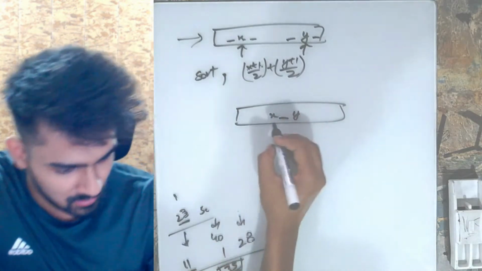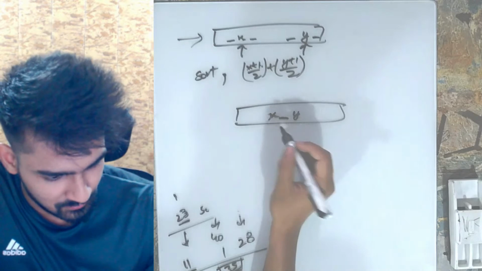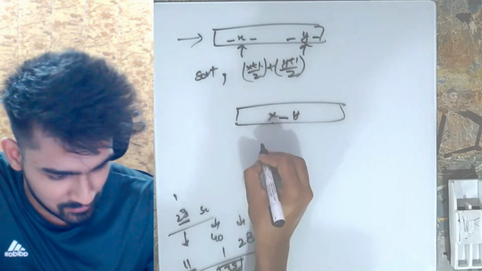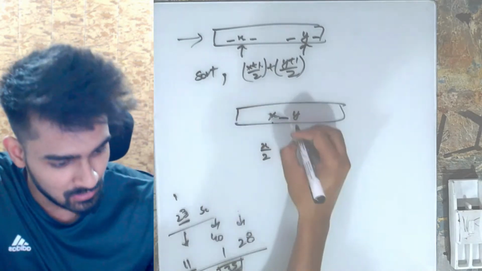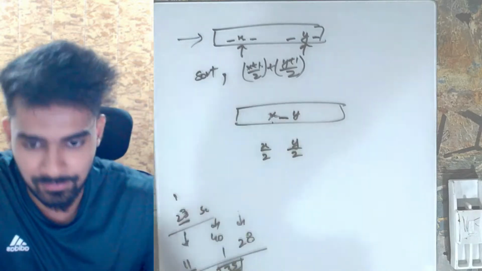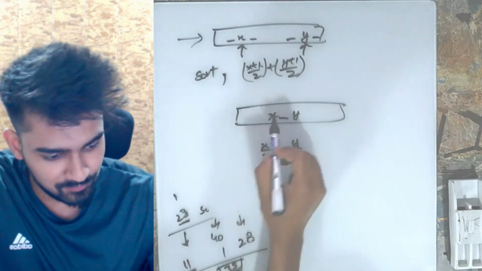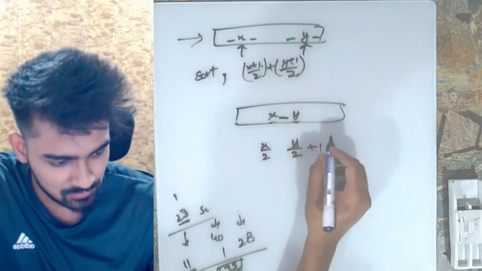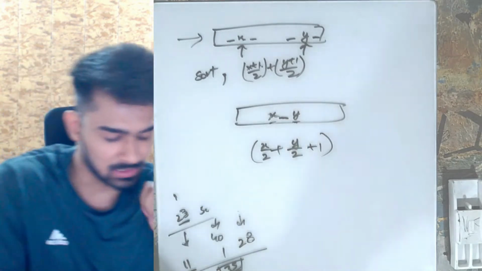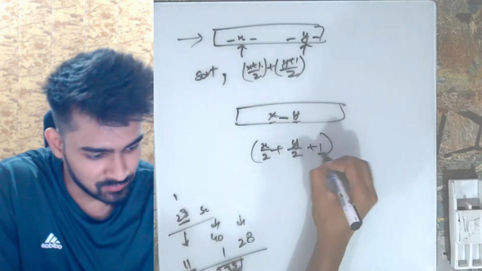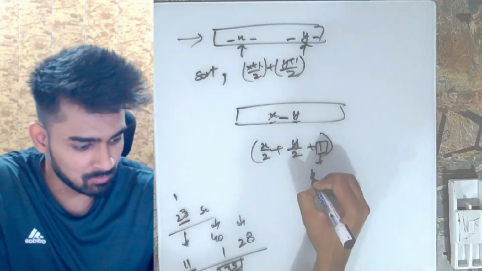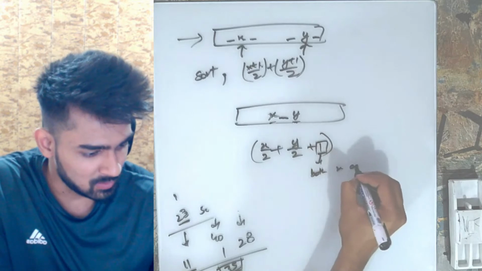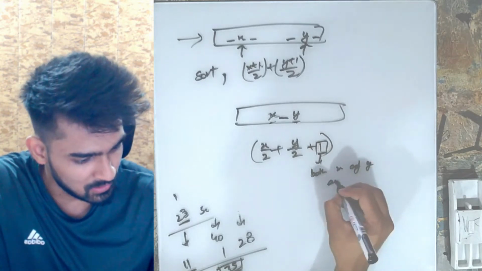One way would be we first make all the blows here. So we make x by 2 blows here, we make y by 2 blows here. If some value is still left for these two, then we make one more blow. One way would be this. This one depends if both x and y are hot.